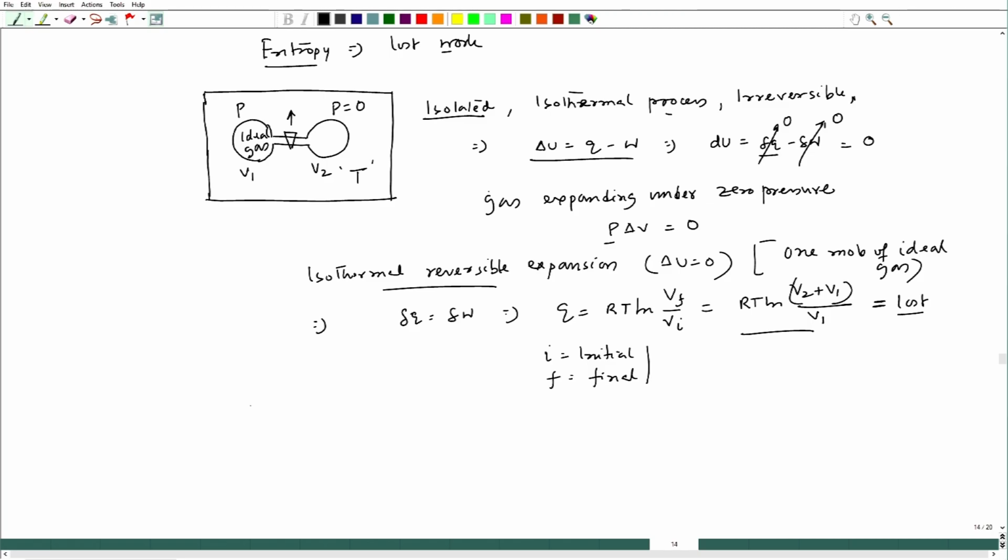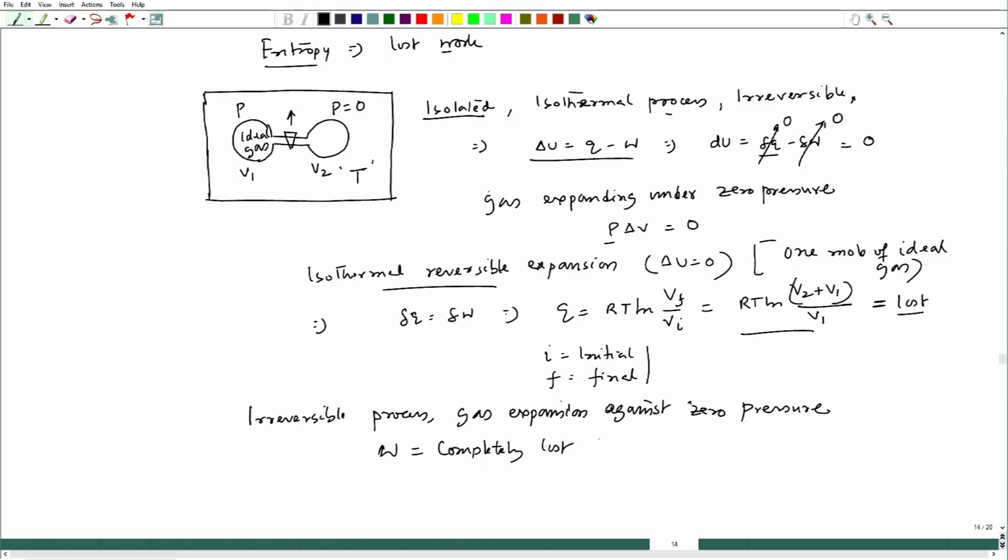So, for irreversible process, gas expansion against 0 pressure, W is completely lost, and the lost work amount is RT ln V2 by V1. This is my lost work.